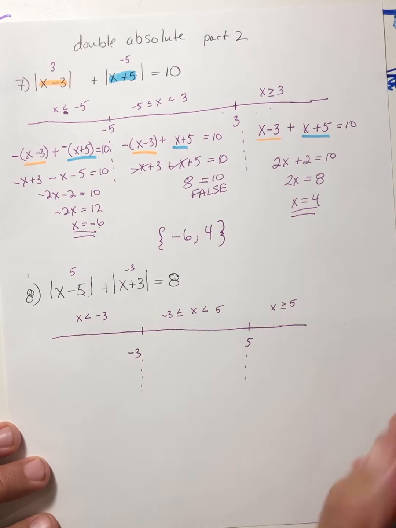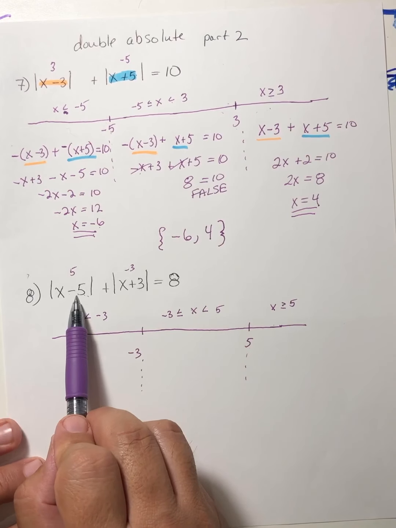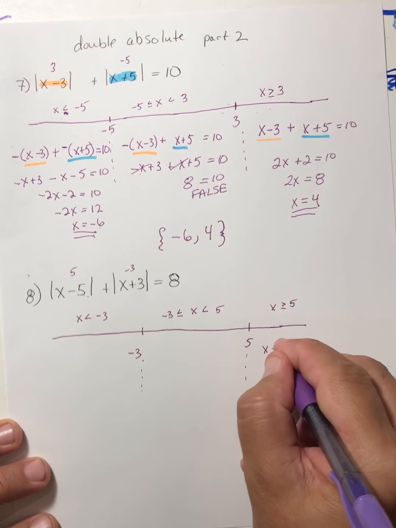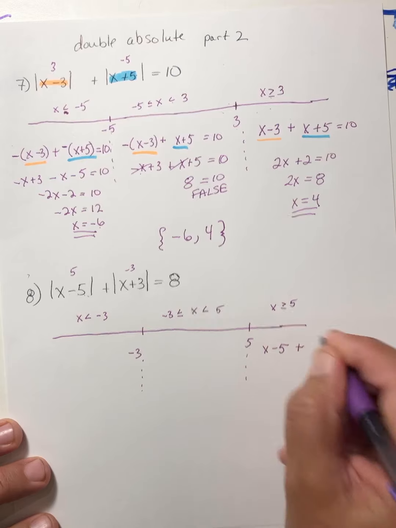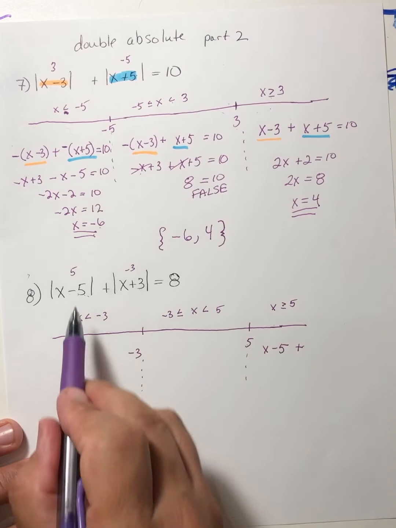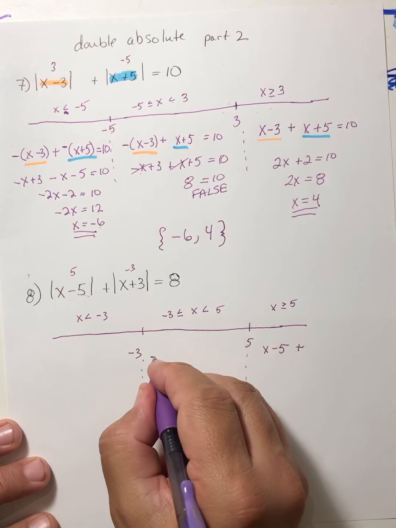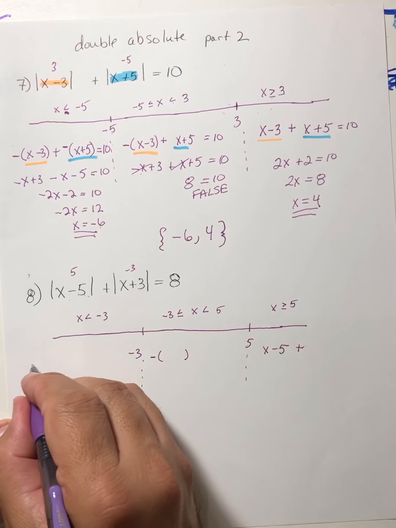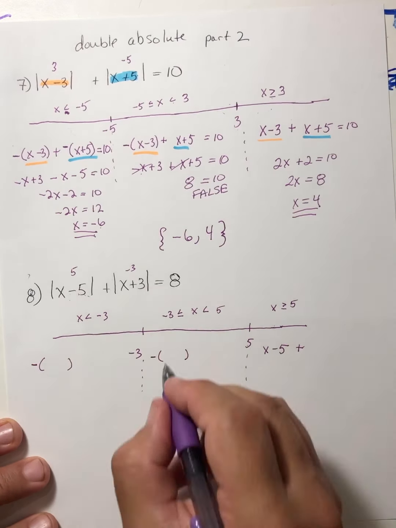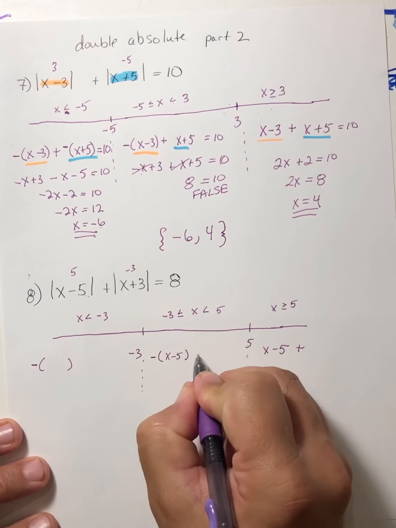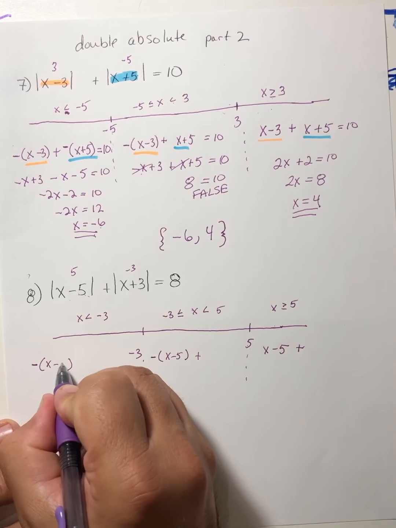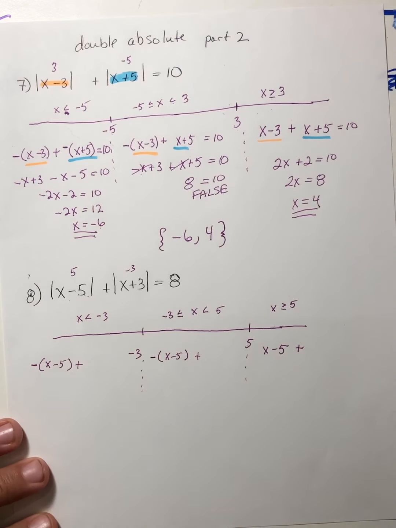To the right of 5 becomes positives. So x minus 5, I'm going to put my plus sign. Then to the left, they are negative. So negative the parentheses, negative the parentheses. So here's my x minus 5 with a plus sign. X minus 5 with a plus sign.